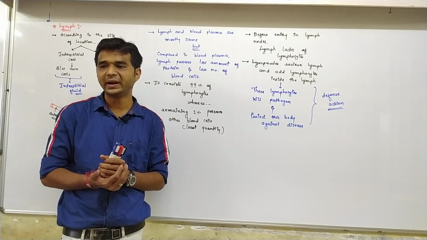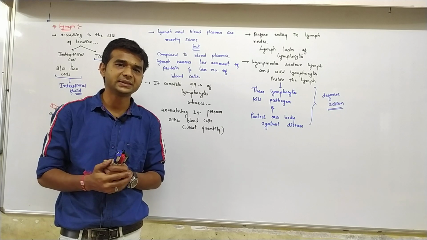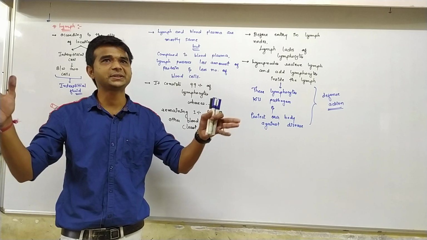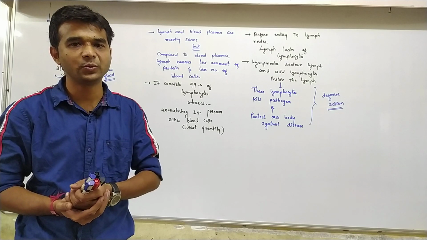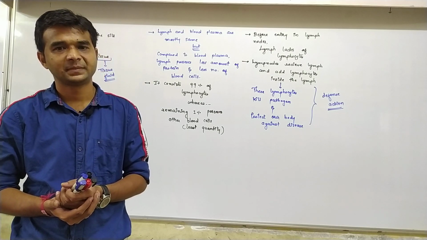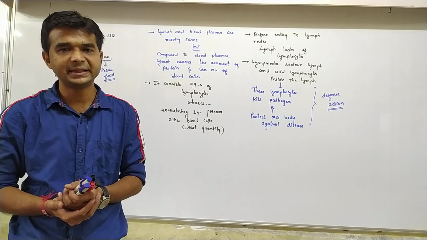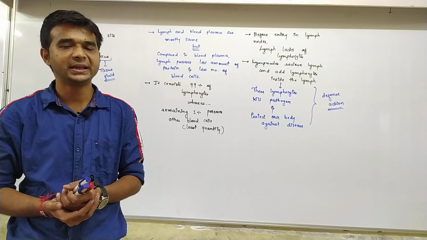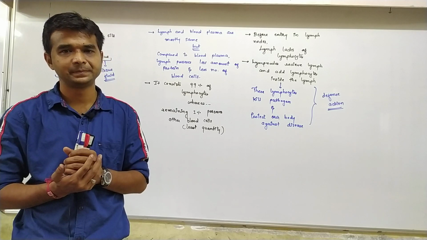It provides resistance power against disease. As you know, the largest lymphatic duct is known as the lacteal, near the villi in the intestine, for absorption of lipid products.